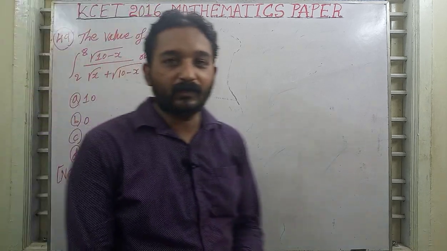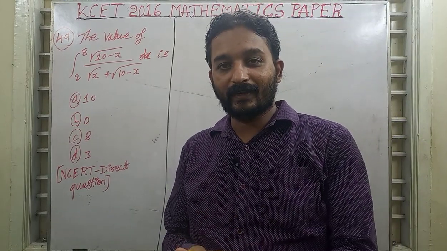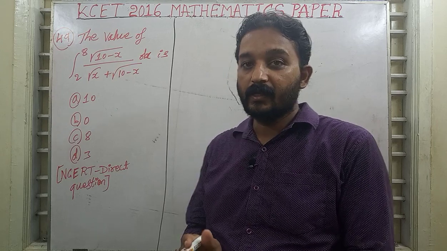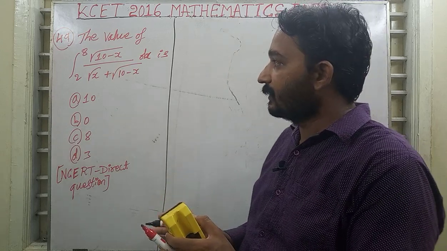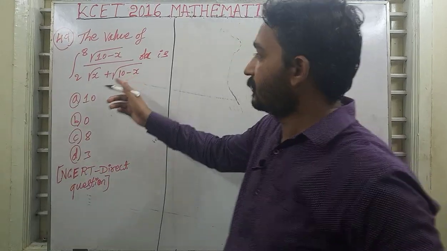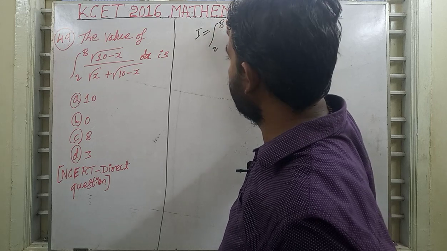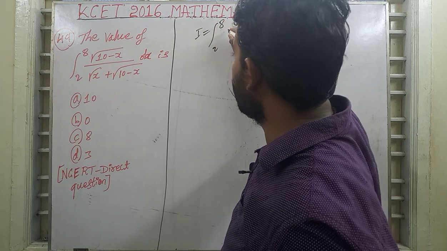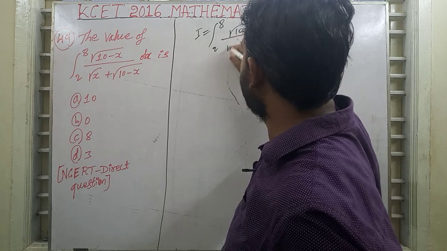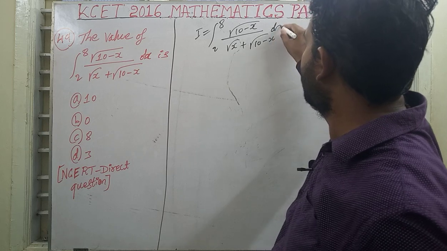So now let us move on to the next question, question number 49. This question is based on the chapter integral, particularly definite integral, properties of definite integral. So using one property we have to find out the answer of this question. So let us take I is equal to integrate from 2 to 8 square root of 10 minus x divided by square root of x plus square root of 10 minus x with respect to x.